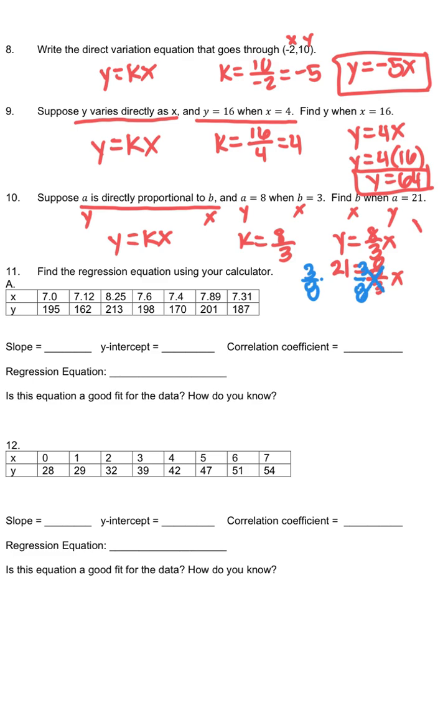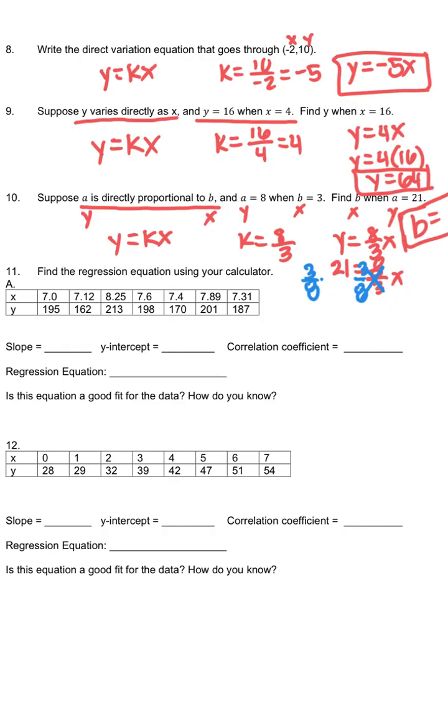We end up with x equals 3 times 21 is 63 over 8. Actually that wouldn't be x, that would be B. B equals 63 over 8.